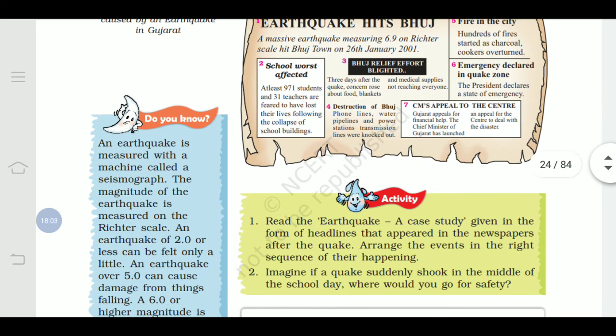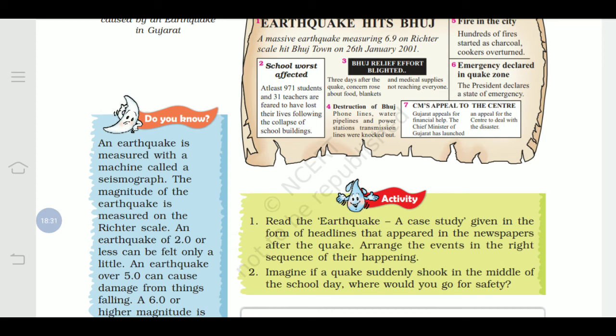Seventh, the CM's appeal to the centre. Gujarat appeals for financial help. The Chief Minister of Gujarat launched an appeal to the centre to deal with the disaster. So here the CM of Gujarat appealed to give financial help, whatever amount the people can pay, so the Bhuj city could be constructed again.